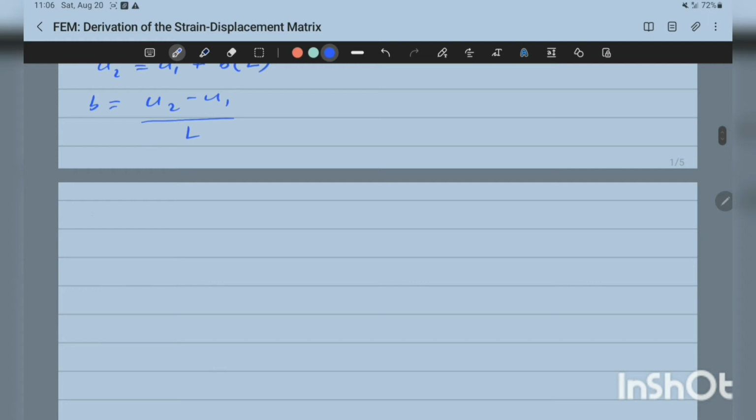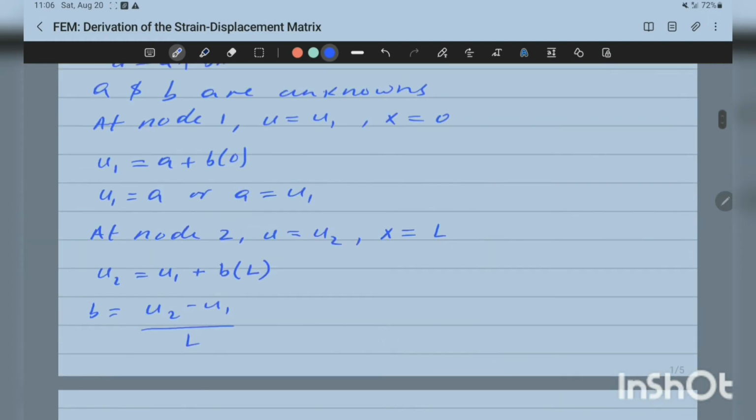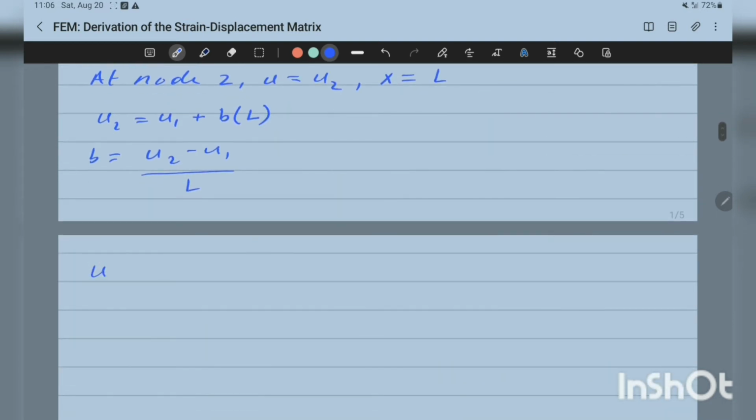Now we go back and write the general expression for u equals A plus Bx, which is u equals u1 plus B, where B is u2 minus u1 over L, times x.